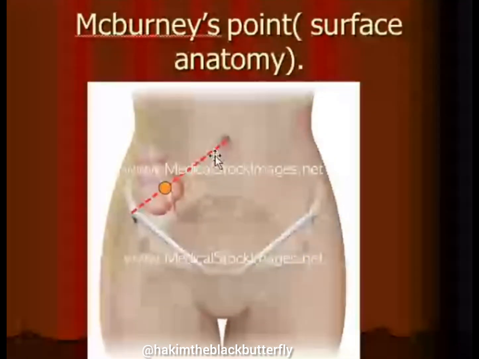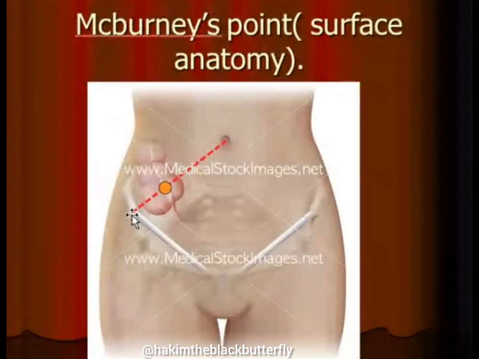So McBurney's point is on an imaginary line on the right. No, not the left, on the right. McBurney's point is on the right, on the imaginary line between the anterior superior iliac spine and the umbilicus.